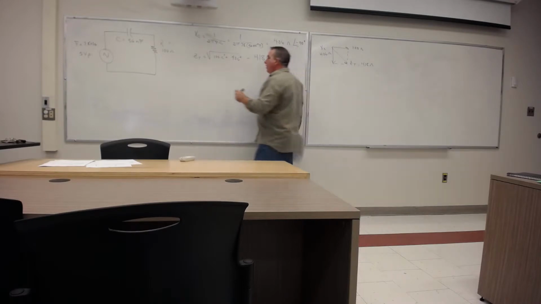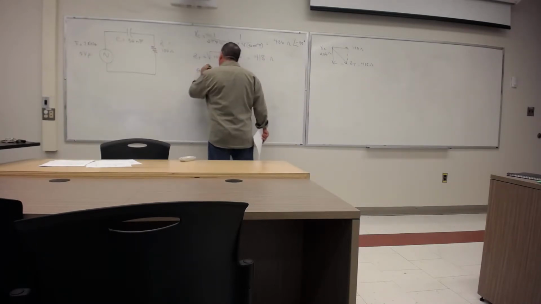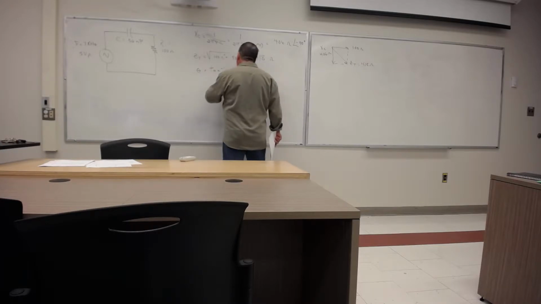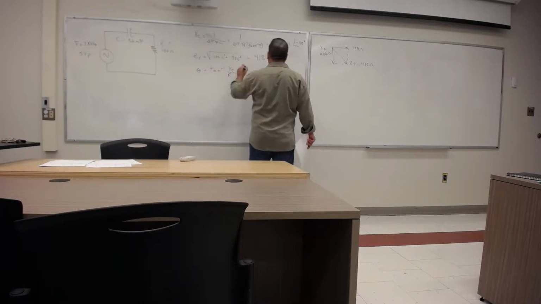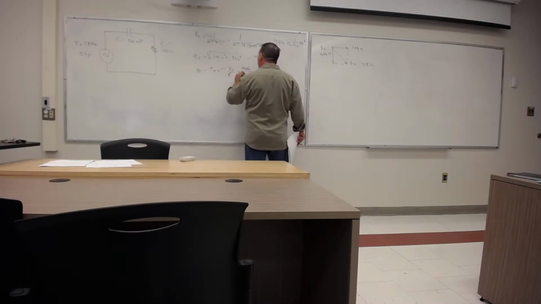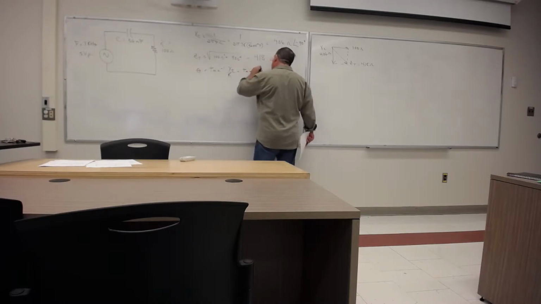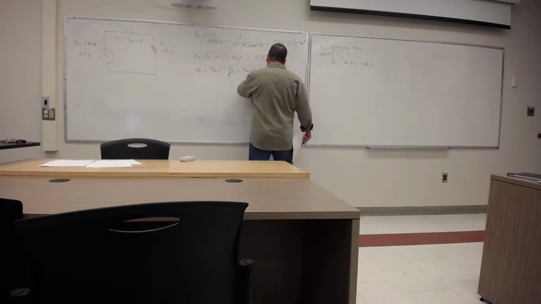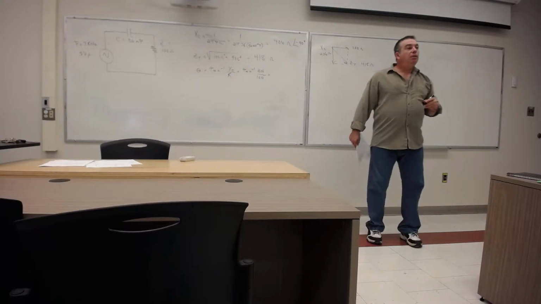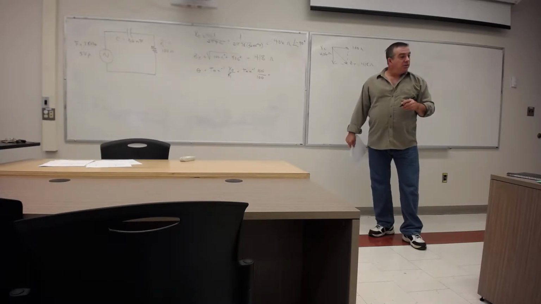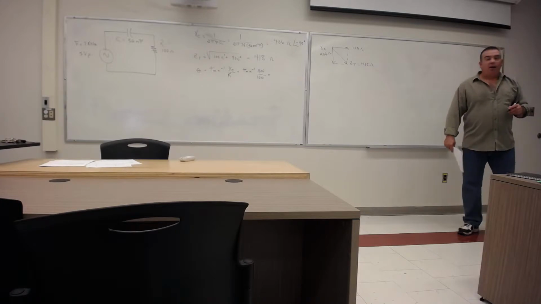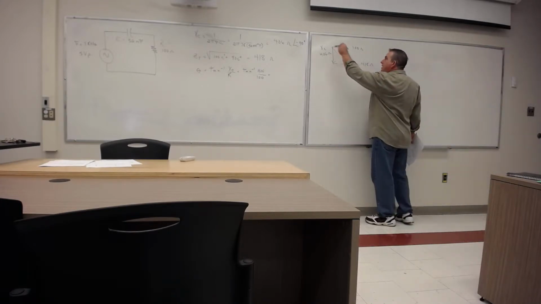So now to find the angle, the phase angle is going to be equal to the inverse tangent of XC over R. So we're going to take the inverse tan of 406 over 100. Now, I see this 406 this way, I see 100 this way.